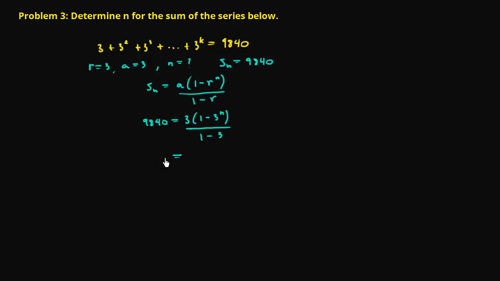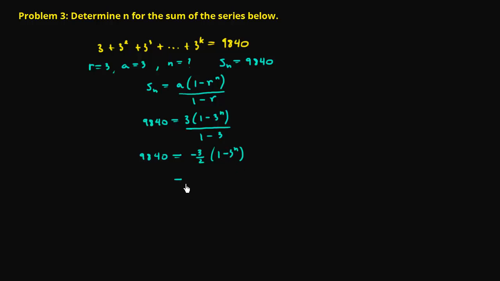We have this equation set up, and let's see if we can solve it. What we're really looking for is n. Let's simplify this a little bit. We have that 9,840 is equal to, 1 minus 3 is negative 2, so we have minus 3 over 2 times 1 minus 3 to the n.